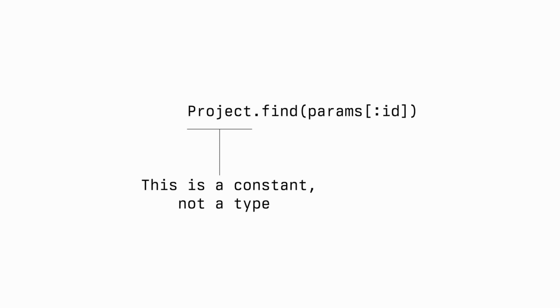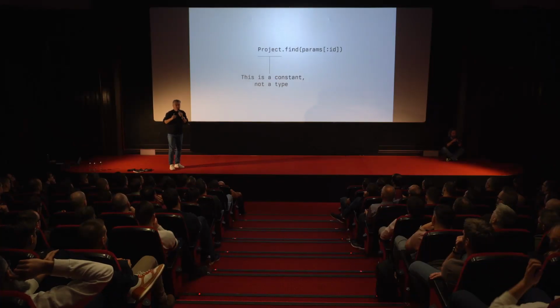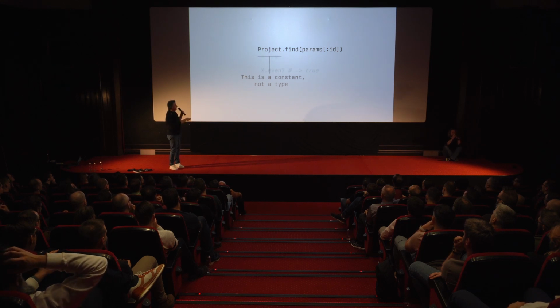All right. So the next slide is very important. Okay? When you write this, it's the same thing. Exactly the same thing. So project is not a type. Project is a constant. It's just storing a value. The same thing that we had before.